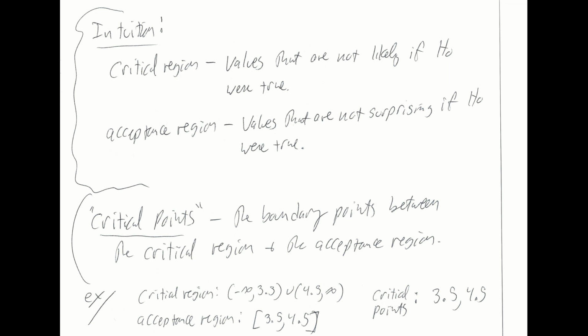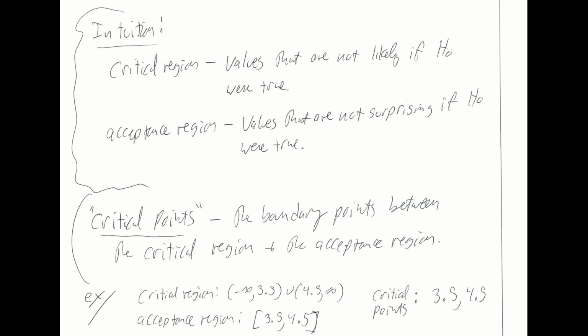We said between 3.5 and 4.5. So those possible values for our test statistic are relatively likely. They're unsurprising under the assumption that the null hypothesis is true, and if we observe such a value, it gives us no reason to doubt the null hypothesis.